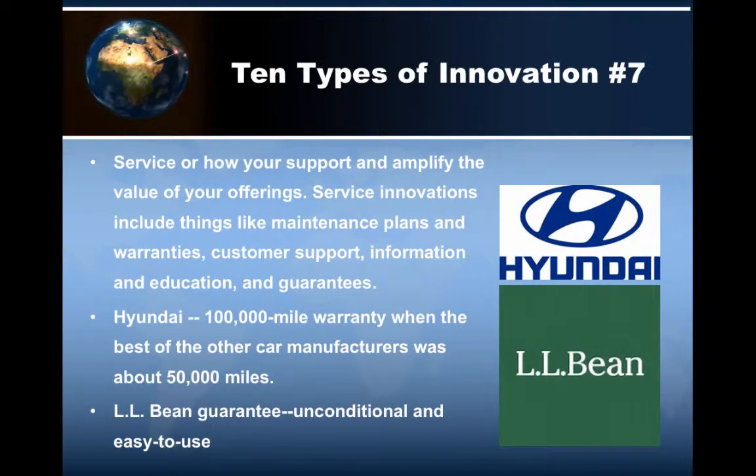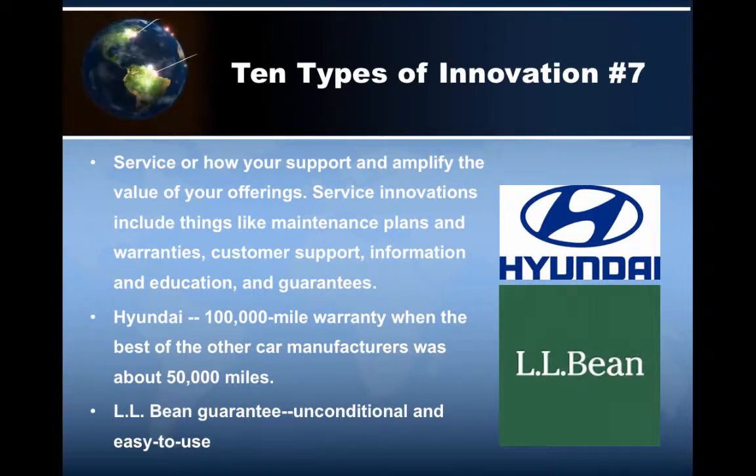Service innovation is the seventh type, and it's how we support and amplify the value of our offerings and products. Service innovations include things like maintenance plans and warranties, customer support, information and education, and guarantees. All of these things can be extremely valuable in meeting customer needs. One of the best examples of this is Hyundai.